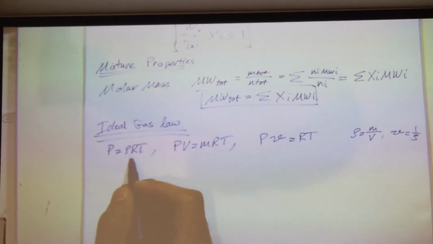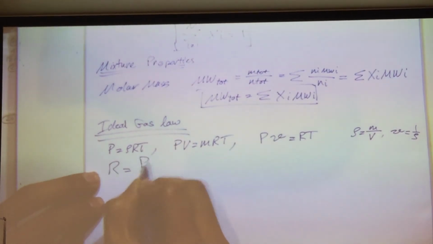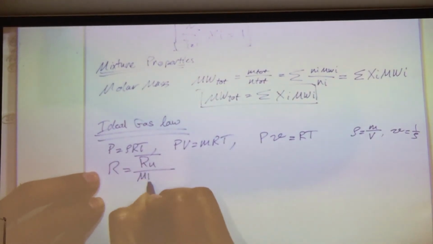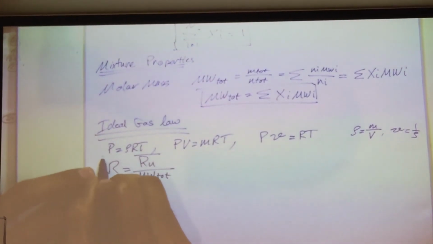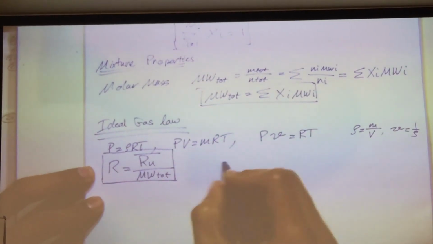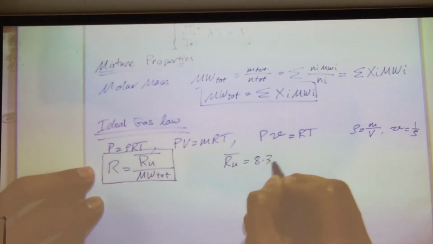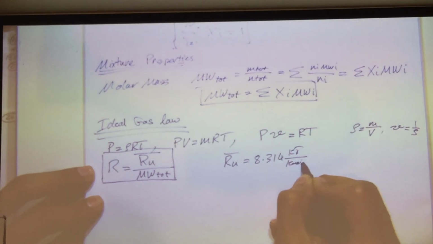So that's essentially R. This R is equal to the universal gas constant divided by the molecular weight, in terms of total. The universal gas constant, R-u bar, is equal to 8.314 kilojoules per kilomole Kelvin.